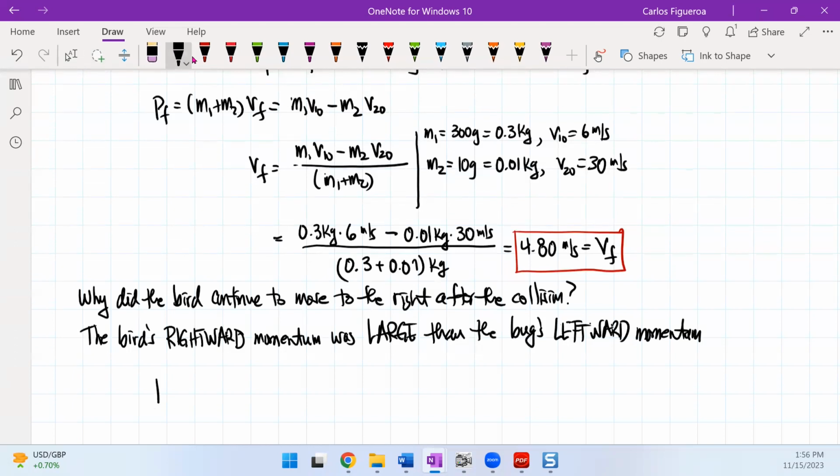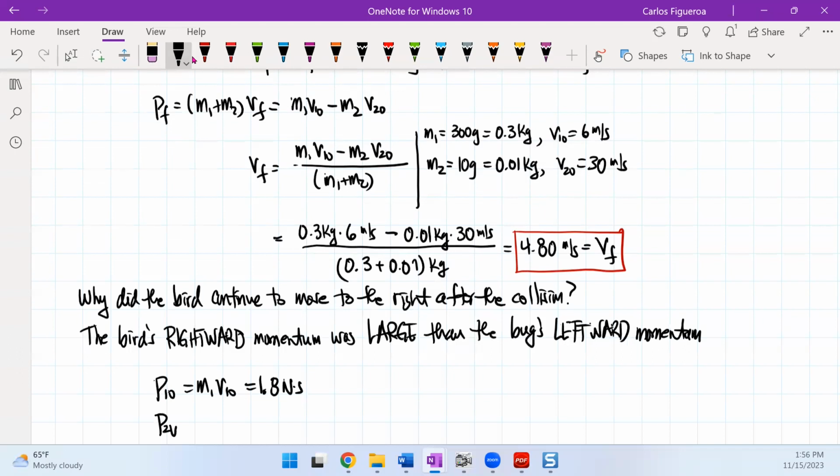In other words, if I calculate the momentum P1 initial, which is M1 V1 initial, and put in numbers, I get 1.8 newton seconds.